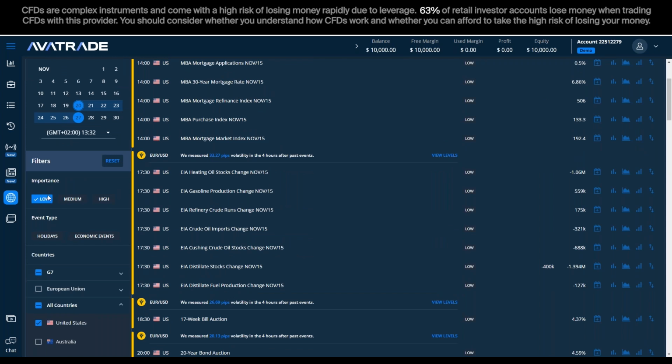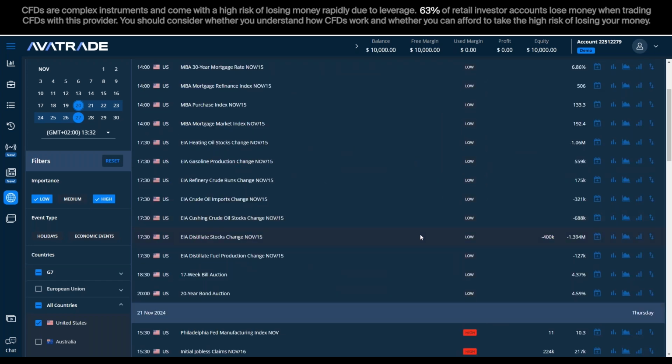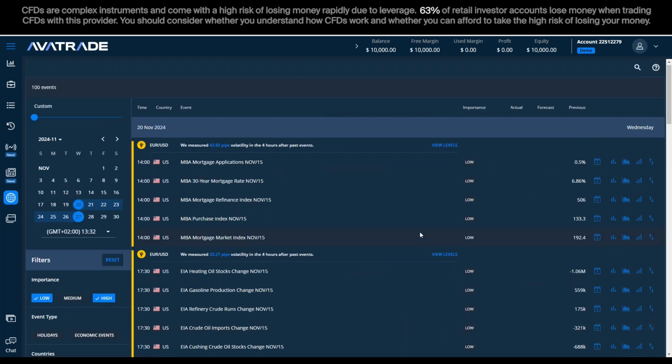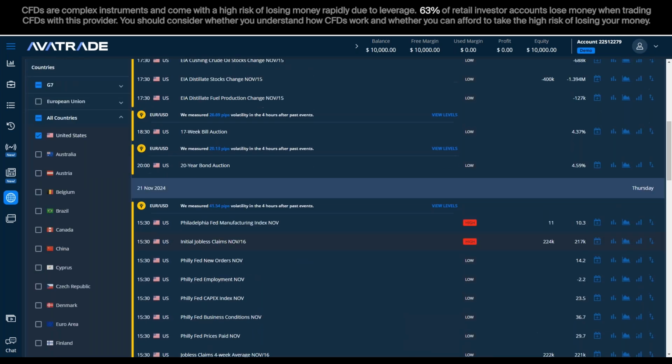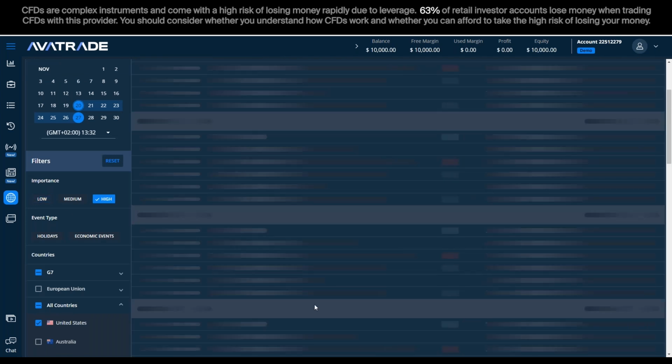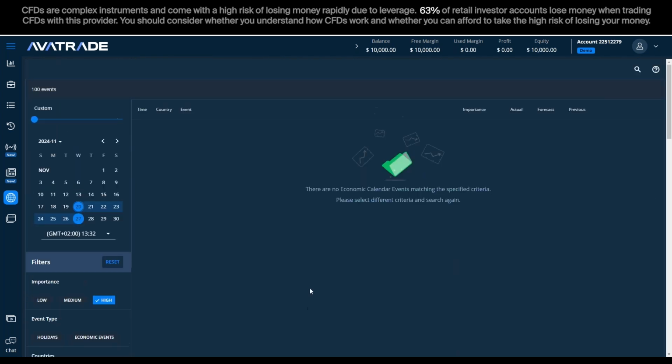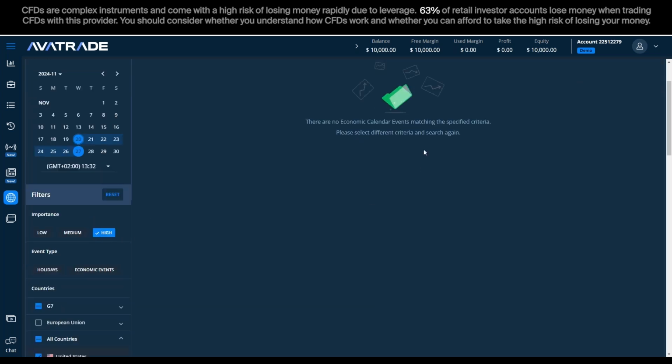So we have an importance, low, medium, and high. What will happen if I click on high? It's just not going to present anything. Okay, let's unmark the low. And as you can see, it's just not going to present anything. This is not an error.